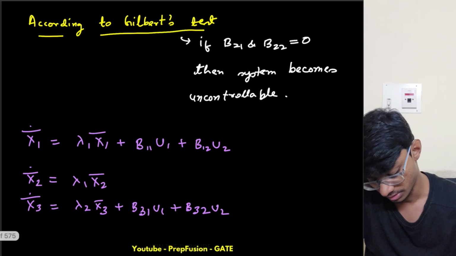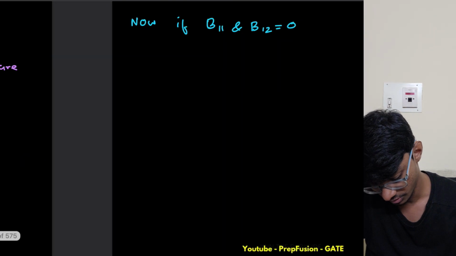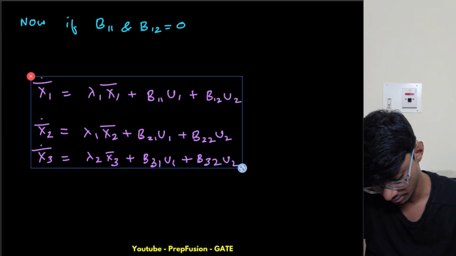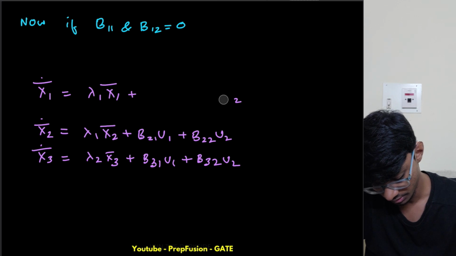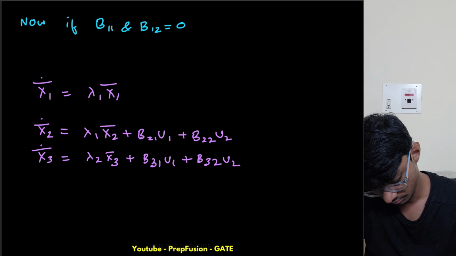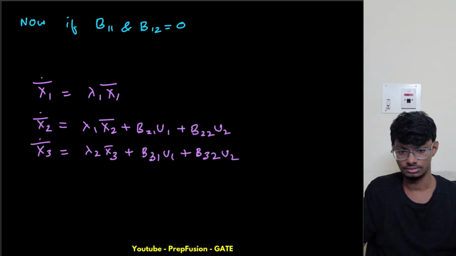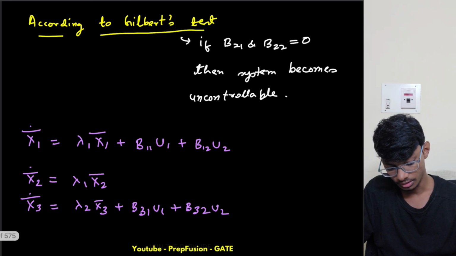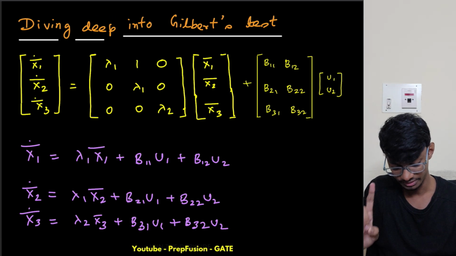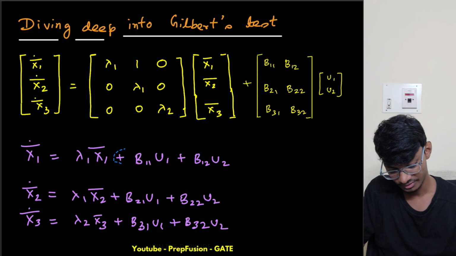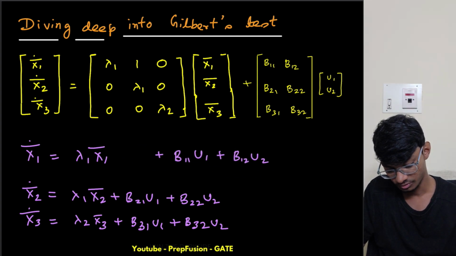Let's see. So let me put b11 and b12 equal to 0 in this state equation. What does happen? So simply delete this one, and I have these, right? But one thing I forgot to write in the state equation, sorry, really sorry, is that I have an x2 also, right?